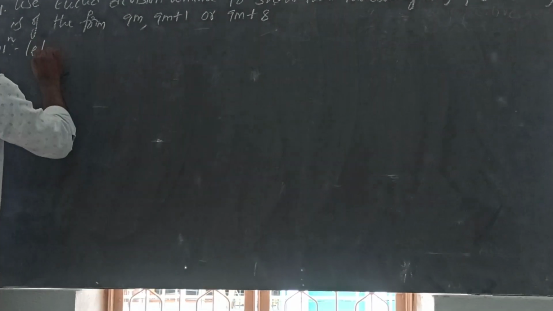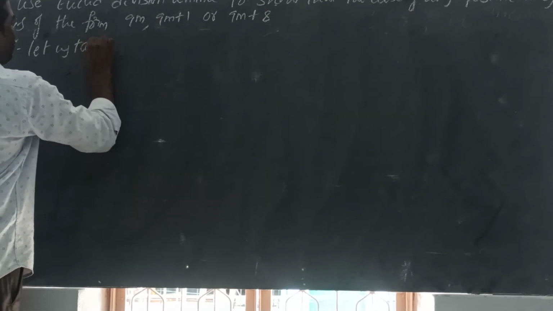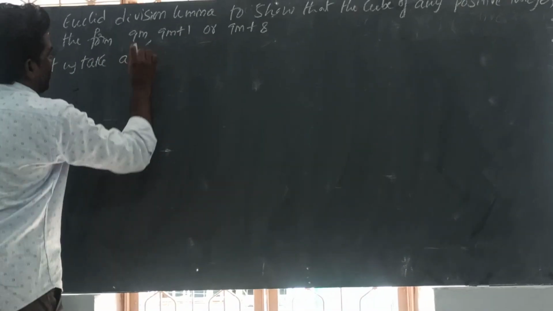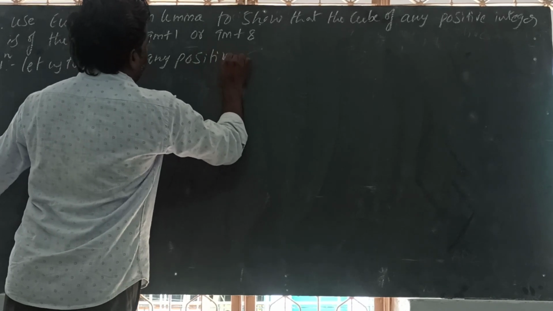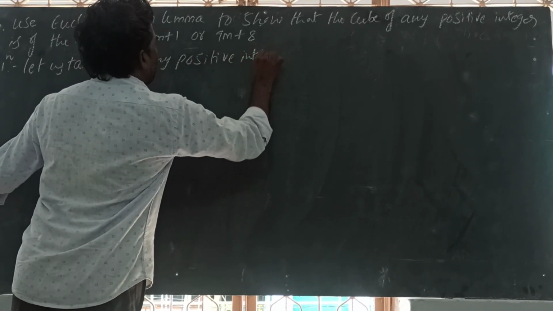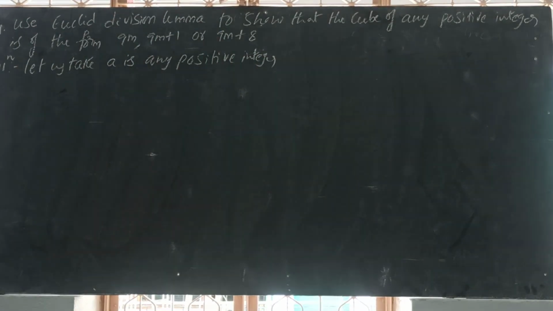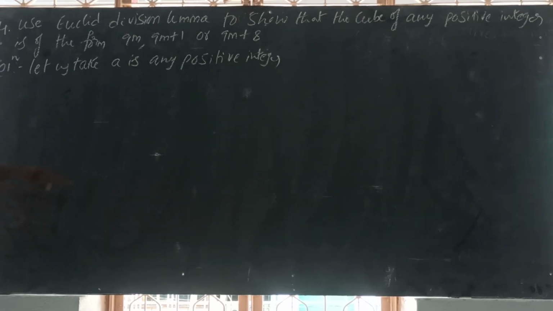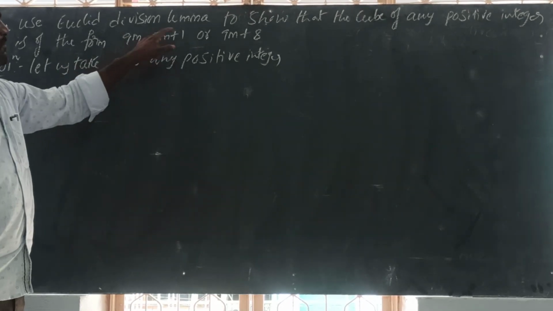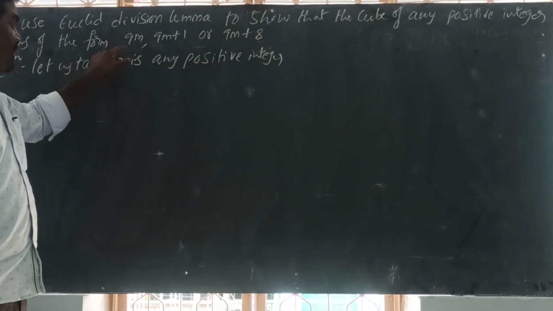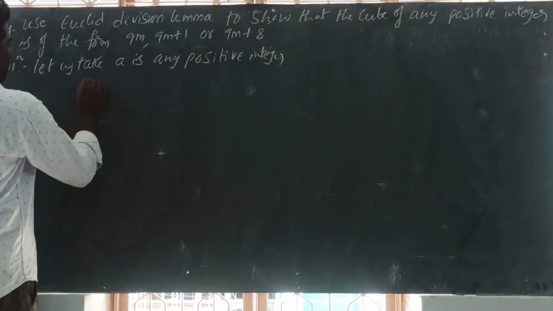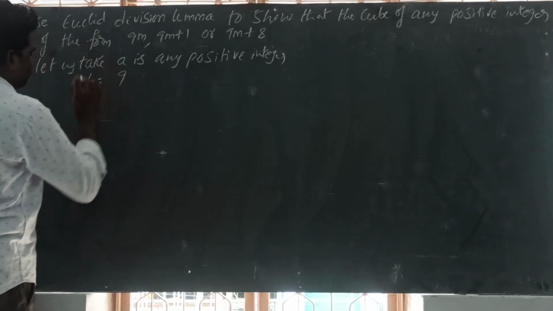So let us take a is any positive integer. So the positive integer, its cube is in the form of 9m, 9m plus 1, 9m plus 8. That means here what is the divisor? 9. So b is equal to 9.